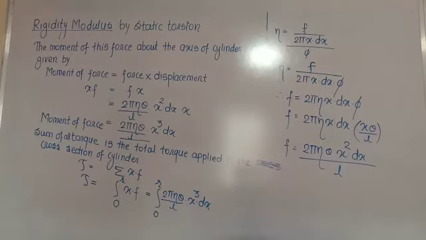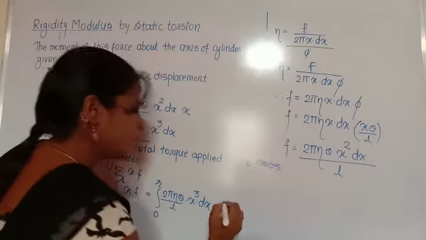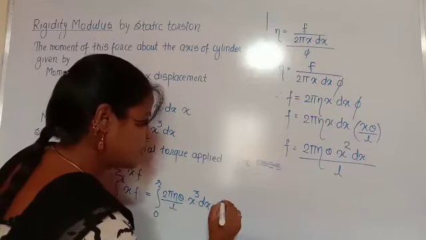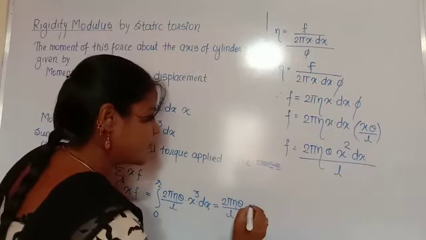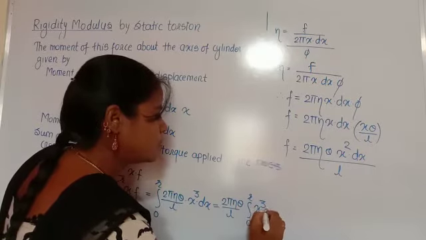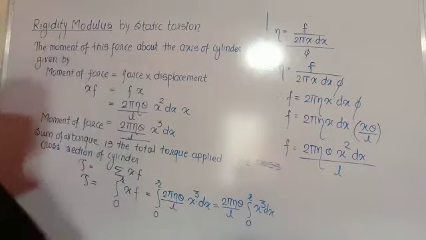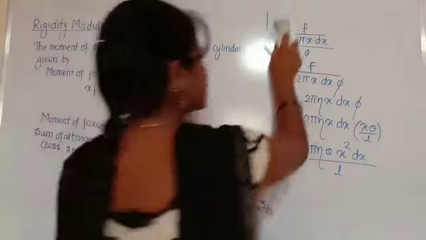Okay. So when we calculate this integration, we take the constant term out of the integration sign, that is twice pi eta theta divided by L, and the integration from 0 to R of x cube into dx. After calculation, we get the value of this integrating term.